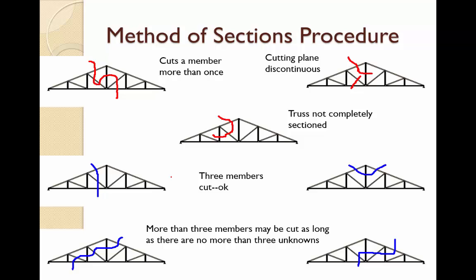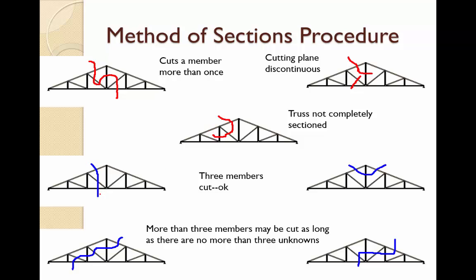So examples. The red ones here are not okay, the blue ones down at the bottom are okay. In this particular case, this cutting plane is not okay because it cuts this member more than one time. This cutting plane is not acceptable because it's discontinuous. This cutting plane is not okay because the truss is not completely sectioned.